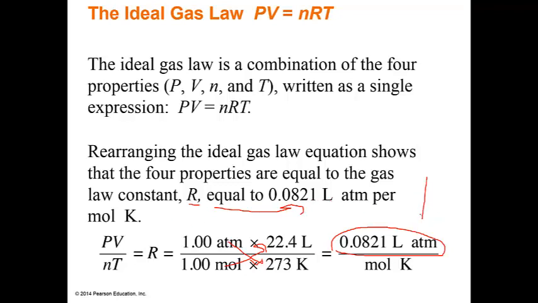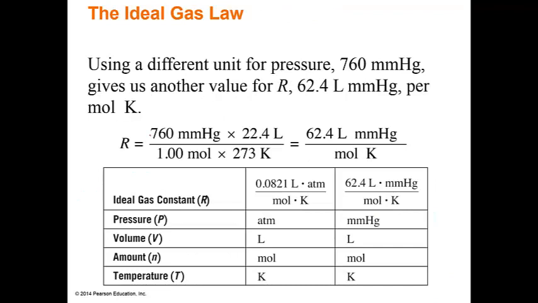Again, if I'm taking notes, these are things I want to know, things I want to have jotted down. All right, so using different units for pressure, 760 millimeters of mercury gives us another value for R, 62.4 liters millimeters of mercury per mole Kelvin.